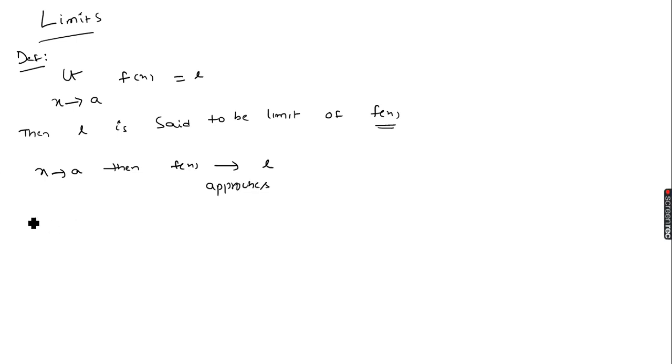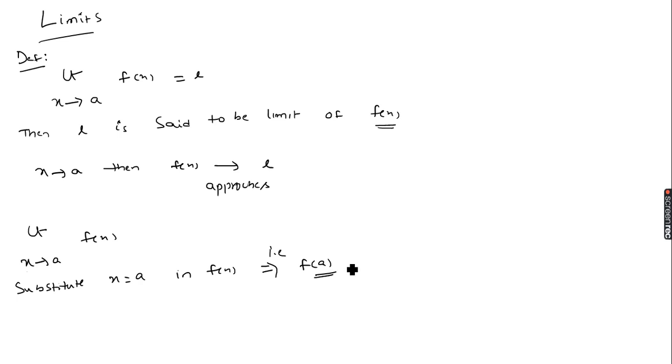So just we do that: the limit as x tends to a of f of x is nothing but we substitute x is equal to a in f of x, that is f of a.